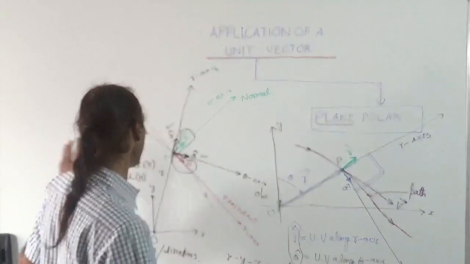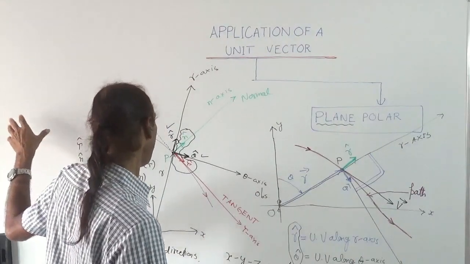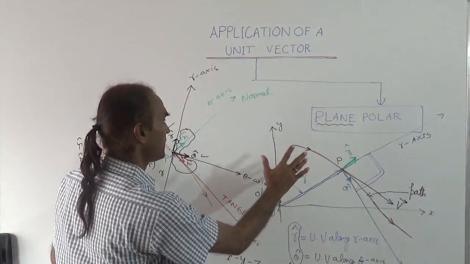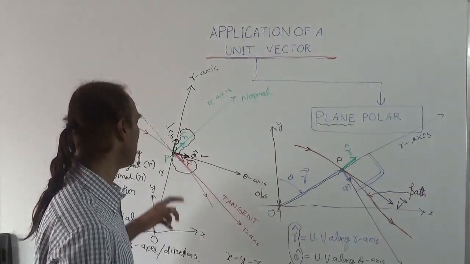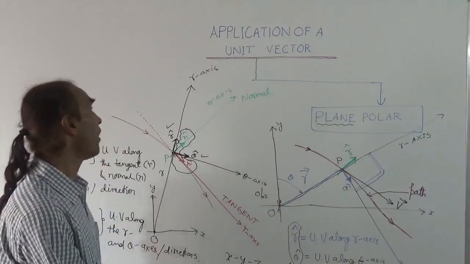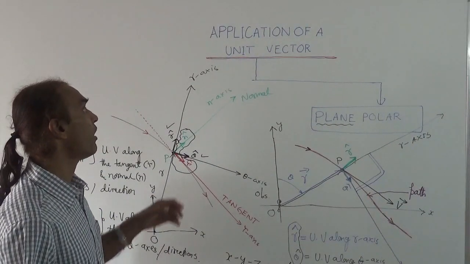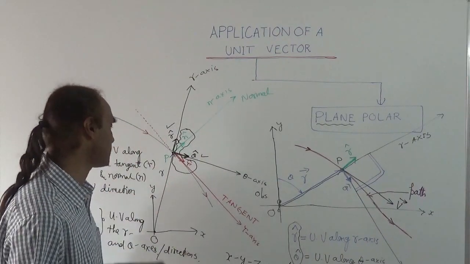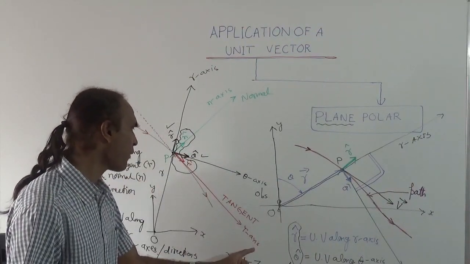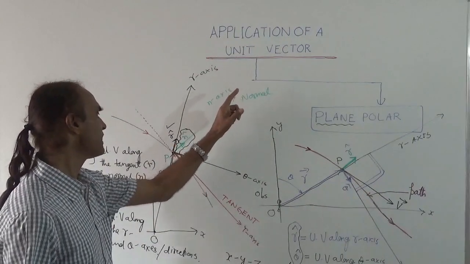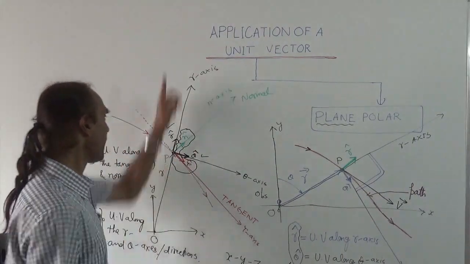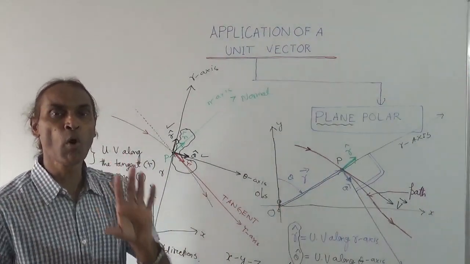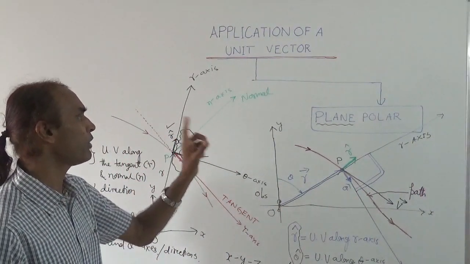Therefore, you should not worry too much about cylindrical and spherical, but this context of the plane polar coordinate system is very important for the application of unit vectors along these four axes. Tangential axis tau cap, normal axis n cap, r-axis r cap and theta axis theta cap are the four unit vectors in the plane polar coordinate system.